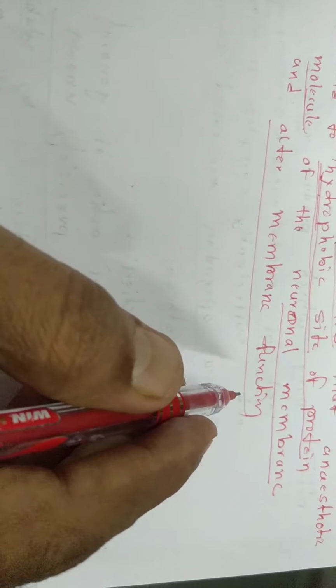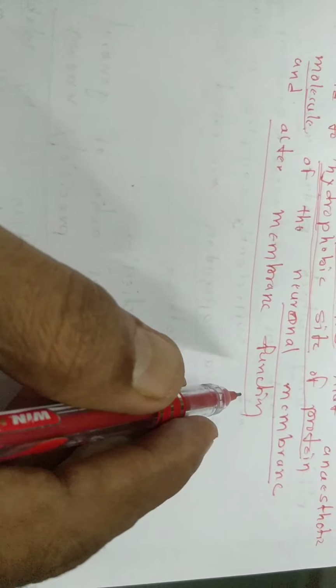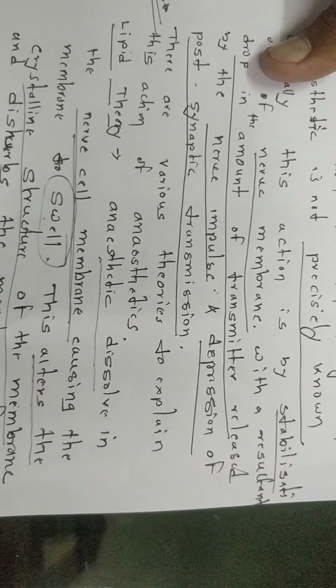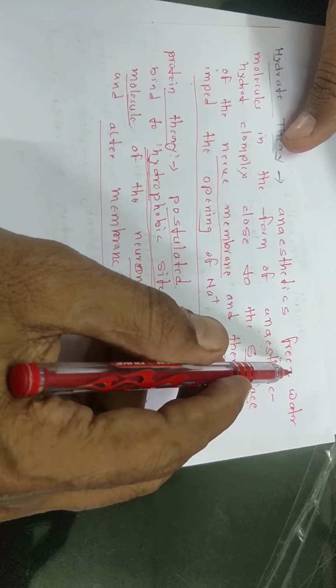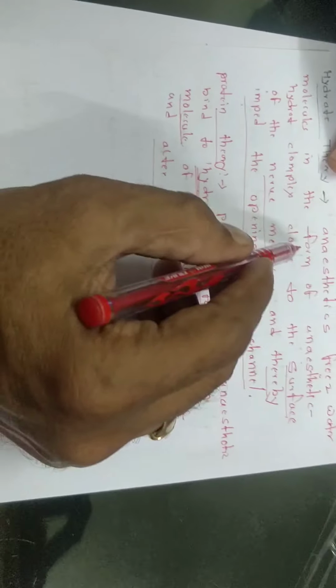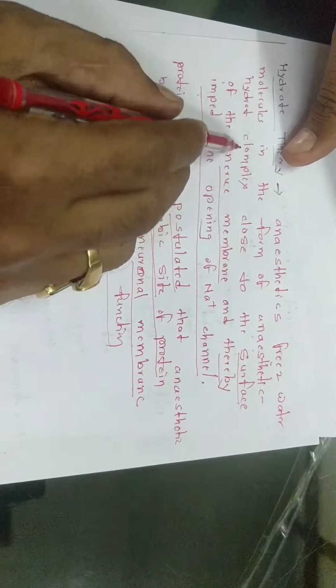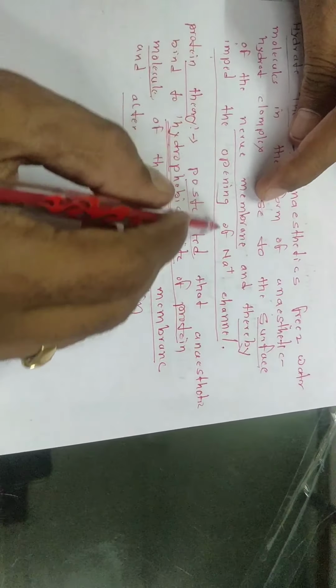Now these are the three most important theories. The first theory is the lipid theory: the anesthetic dissolves in the nerve membrane, causing the membrane to swell, and alters the function of the membrane. Okay, now the second theory is the hydrate theory: the anesthetic frees water molecules and forms a hydrated complex on the surface of the nerve, obstructing the opening of the sodium channel.